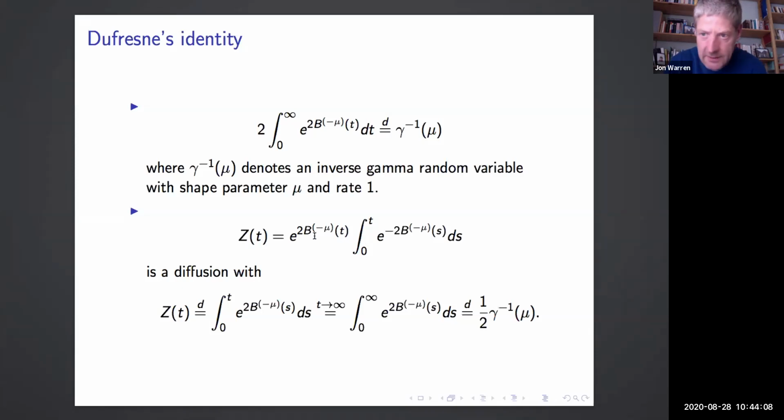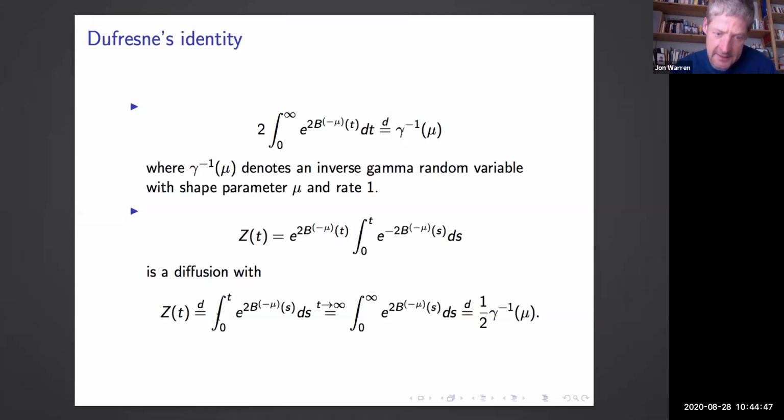Our time reversal argument works again. Just exactly as I showed you that the maximum of the Brownian motion with drift being an exponential was related to the invariant measure of the Brownian motion with a wall, here, if you do the time reversal trick in this expression for Z_t, you're bringing that exponential inside the integral, replacing s by t minus s, and then using the reversibility of Brownian motion.